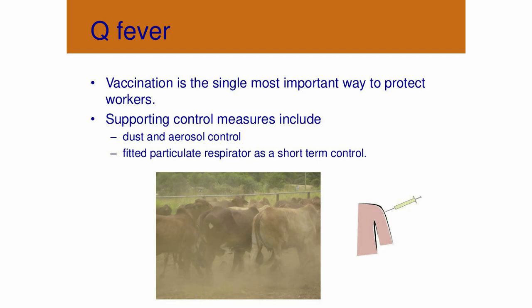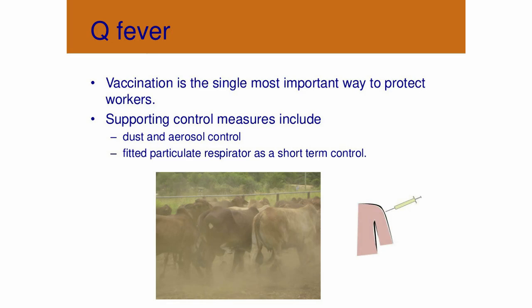You can see from this image just how much dust can be generated from livestock movement. This is a workplace I investigated where a number of workers acquired Q fever. Also, ventilation controls and cleaning methods that minimize aerosols and dust. And a fitted particulate respirator can be used as a short-term control, but it's never a substitute for vaccination.